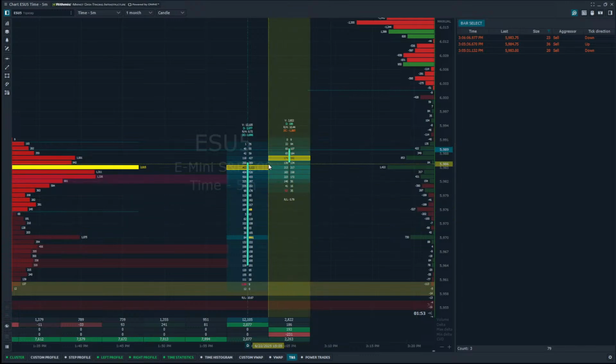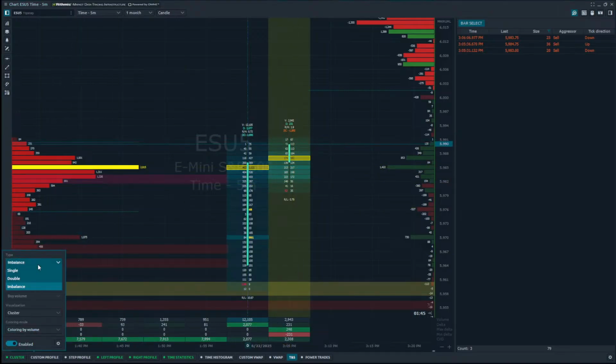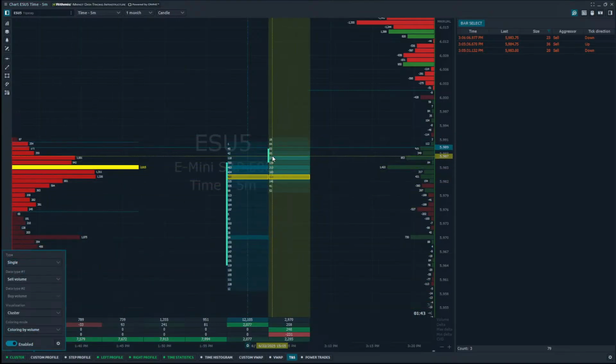Right now, just to show, we have a large volume cluster right here. If we switch to our single, you'll see this is all large volume cluster, and it even extends over here, where it's both of these.